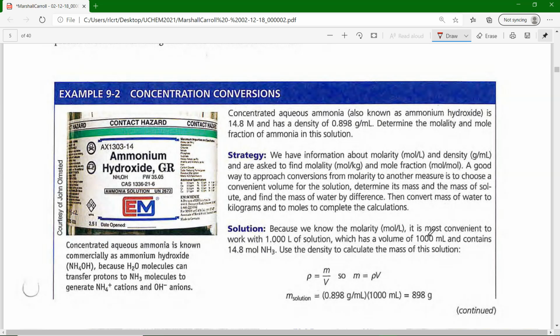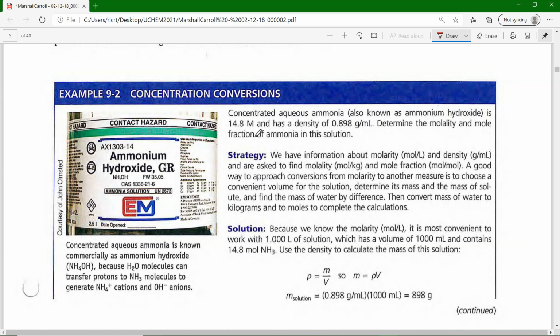So, example 9.2. Let's do that one. Concentrated aqueous ammonia, also known as ammonium hydroxide, NH3 plus H2O, so NH4OH, is 14.8 moles per liter, and here they're using molarity, the capital M symbol for the unit, moles per liter, and has a density of close to 0.898 grams per mL.